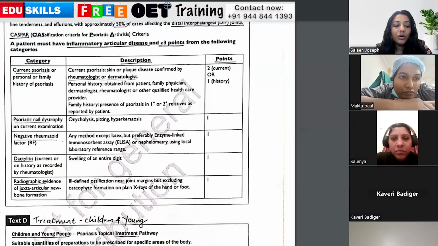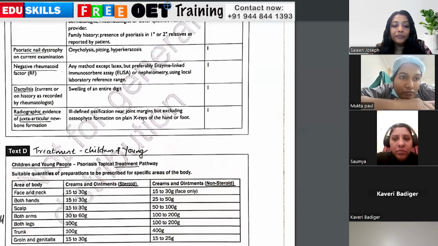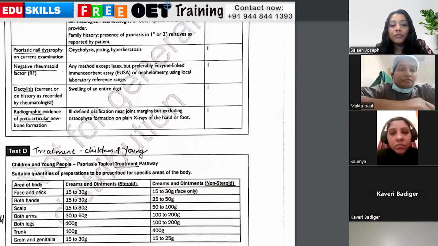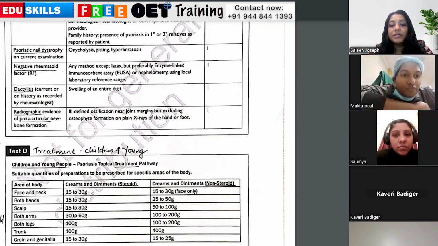Now we are moving to text D. They have mentioned children and young people, psoriasis topical treatment pathway. So in this paragraph, they mention treatment for children and young people, right? For each area of the body, they have mentioned creams and ointments, then creams and ointments for the non-steroid. So they have mentioned steroid and non-steroid creams.